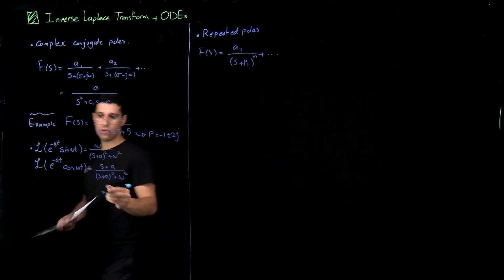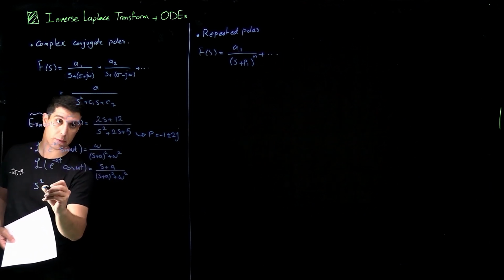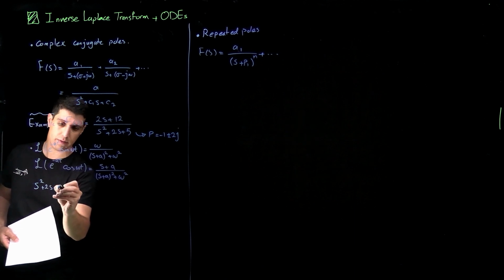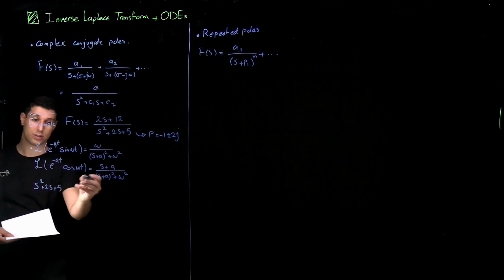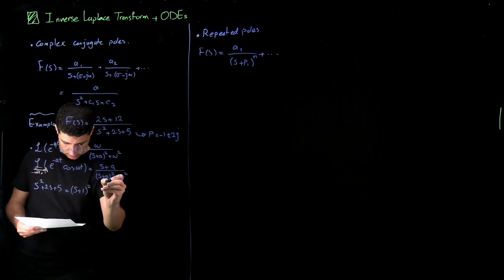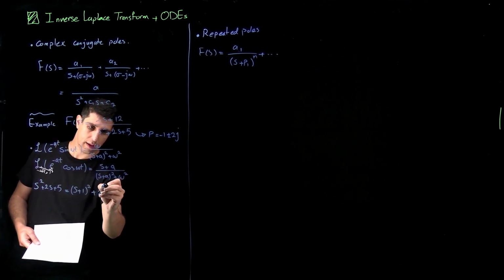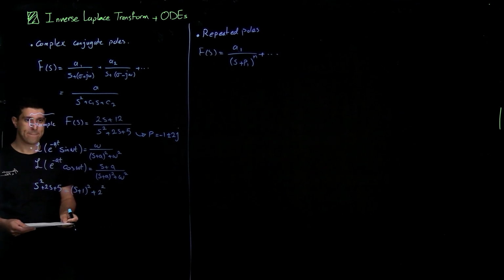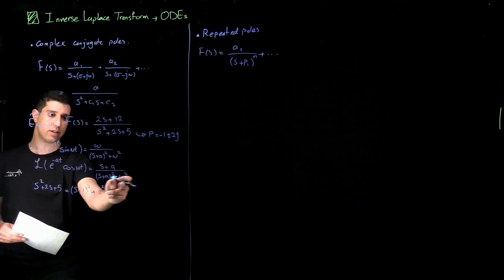So what I'm going to do, first realizing that s squared plus 2s plus 5 is s squared plus 2s plus 1 plus 4, so essentially (s plus 1) squared plus 2 squared. Let me just double check I'm not making a mistake. Yes. So this form, s plus something squared plus another thing squared, fits nicely.